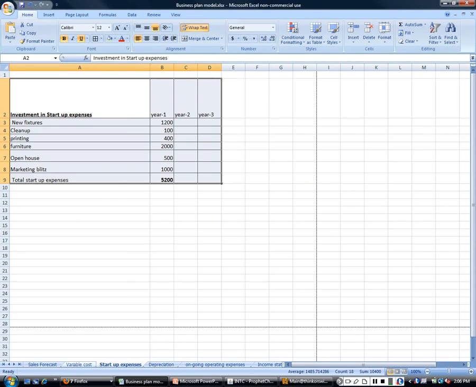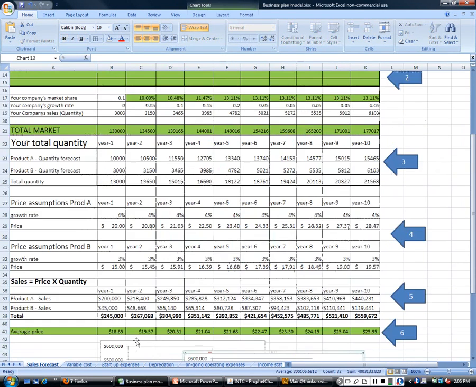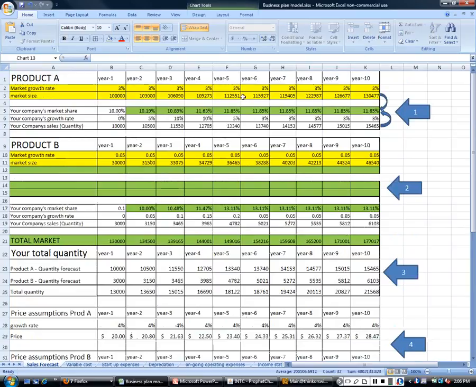What we did on the sales side was start with product A and product B. So when you're going through it, go look at this Excel spreadsheet and look at the formulas. And one of the things I said at the end of the last module is that sometimes you may want to pull the data in.